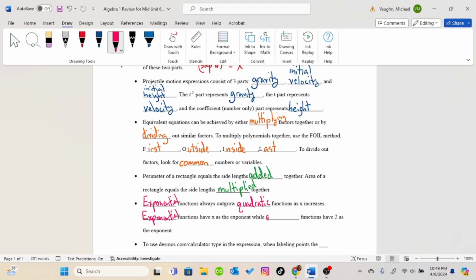The quadratic has 2 as the exponent, and it can only ever be a 2. But the exponential function, as x increases, that exponent gets bigger and bigger and bigger, and eventually that exponential function always outgrows the quadratic function.